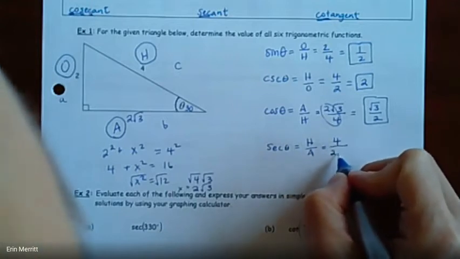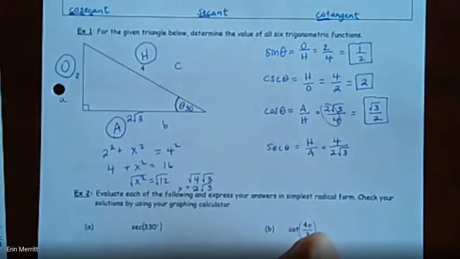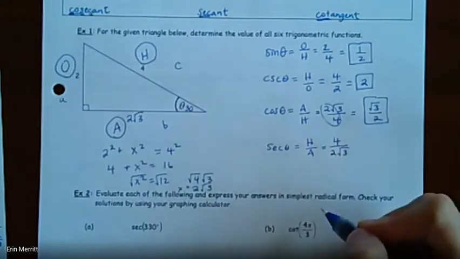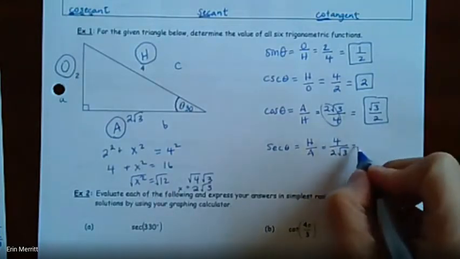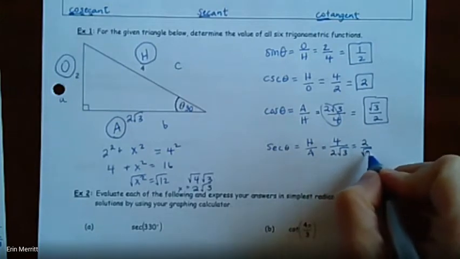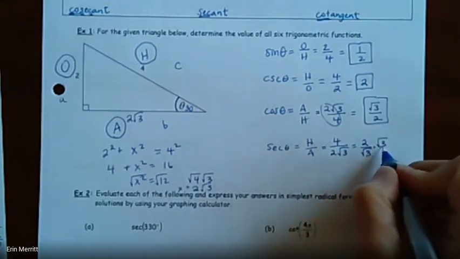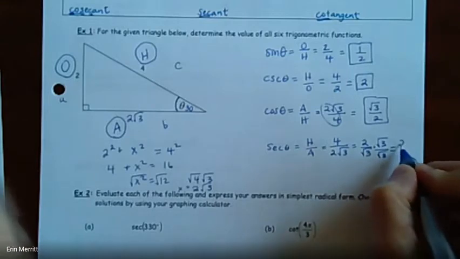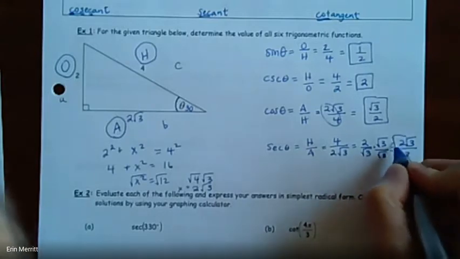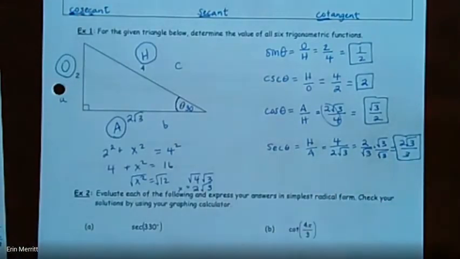So I'd get 4 over 2 radical 3. Keep in mind, you'd simplify it just like you did the last one, but then you have to rationalize it. So you would end up with this and then you multiply by radical 3 over radical 3. That would be the way that we would leave the answer there.